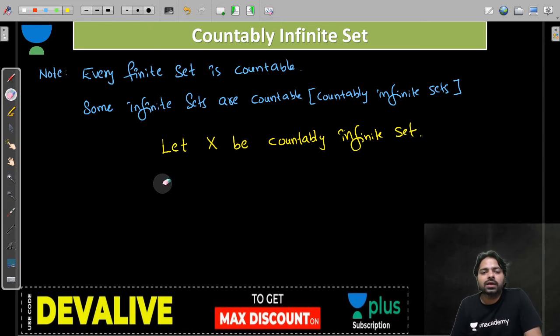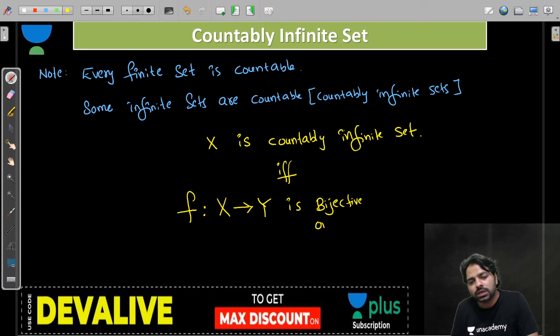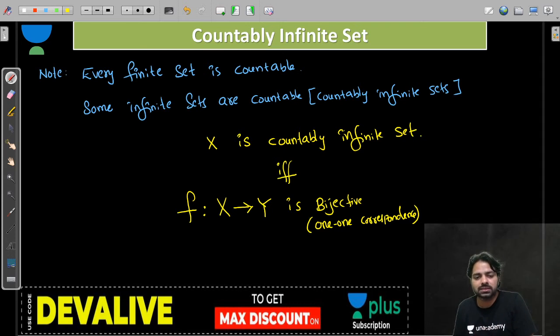If you want to prove this, X is countable if and only if there is a function f that is a bijective mapping from X to Y. Bijective, another name, is one-to-one correspondence. One-to-one function and one-to-one correspondence are different names. Bijective is also called one-to-one correspondence.